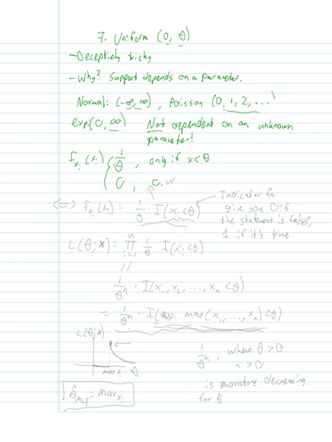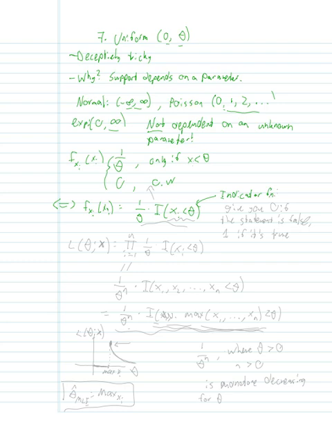So it's 0 otherwise. Another way you can write this is that the density for each one is equal to 1 over theta times the indicator function that xi is less than theta.